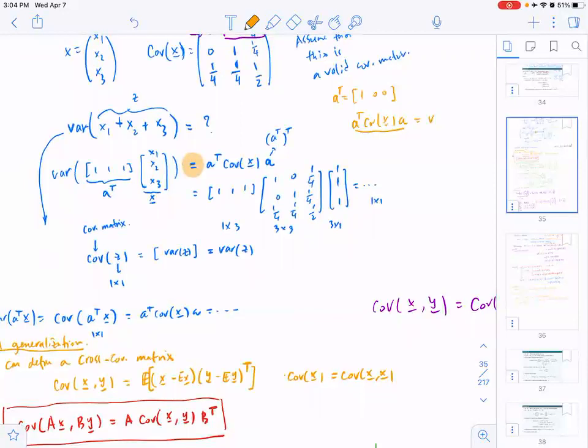So this would be the variance of X1. It has to be non-negative. For any matrix, if you apply it to, let's say, this vector, that would give you A1,1. And if you apply it with this one, this would give you A2,2. Because all of them have to be non-negative, you can come up with vectors that select those diagonal entries, and so all of them would be non-negative. But this is not enough.